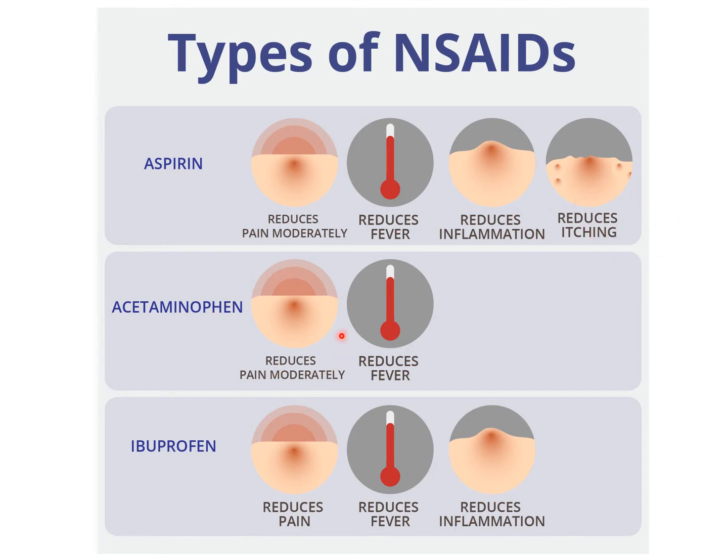Acetaminophen is maybe a little more potent than aspirin and can reduce fever, but it doesn't really do a whole lot for itching and inflammation. Whereas ibuprofen is a really great anti-inflammatory that has a higher ability to induce analgesia.